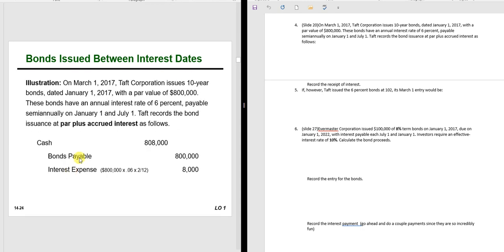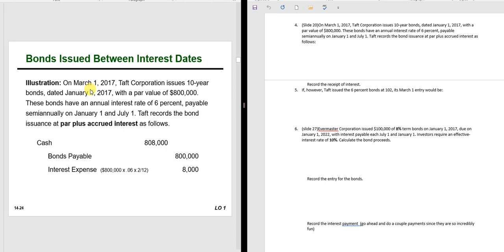All right, so on March 1st, Taft Corporation issues 10-year bonds dated January 1st. The original company, Taft, dated them January 1st, but they didn't actually sell them till March 1st. Whoever buys these bonds is going to get interest for January and February when they didn't actually own them, but they're going to get the check for it.